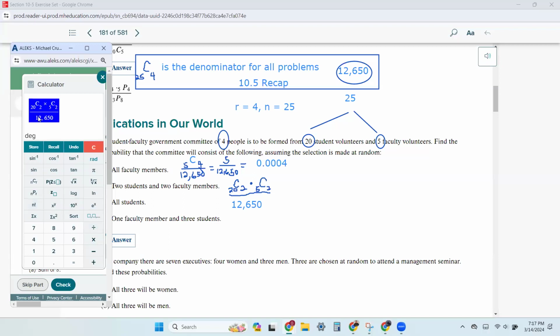I'll tell you what, let me do that part, and then we'll come back and divide it by. So that's 1900 divided by 12650.